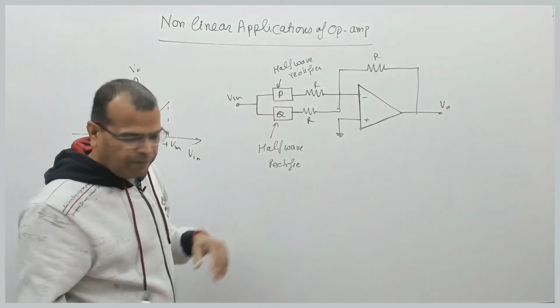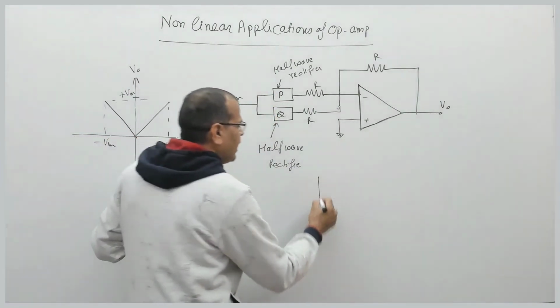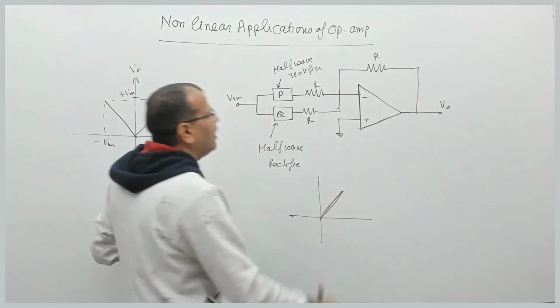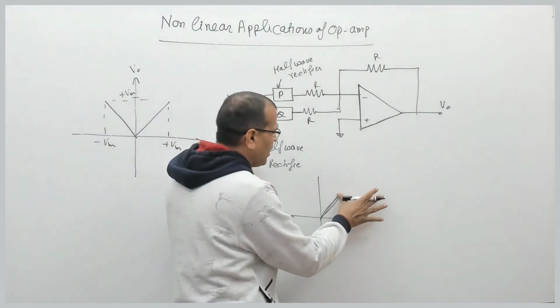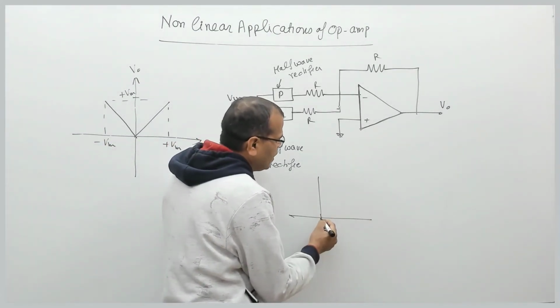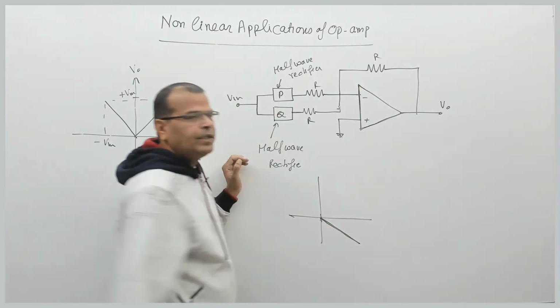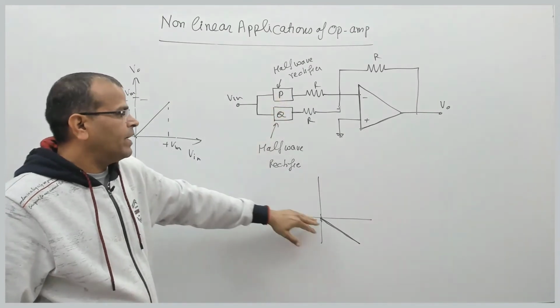Suppose I select a filter which has a characteristic like this, or I may be having a filter which has a characteristic like this. So I select a filter having a characteristic like this.